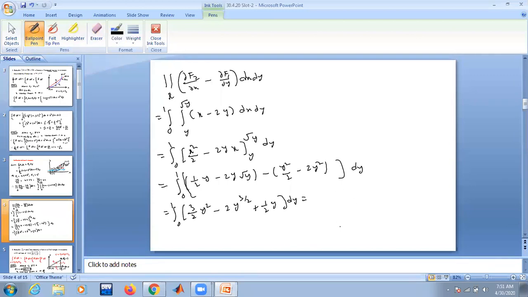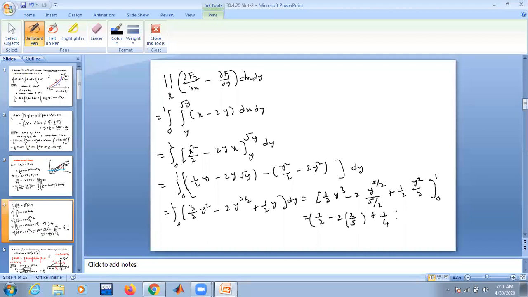So now the integration is 1 by 2 y cube minus 2 into y power 5 by 2 by 5 by 2, plus 1 by 2 y square by 2, with the limits from 0 to 1. Simplification: 1 by 2 minus 2 into 1 by 5 by 2, which is 2 by 5, plus 1 by 2 into 1 by 2, 1 by 4.